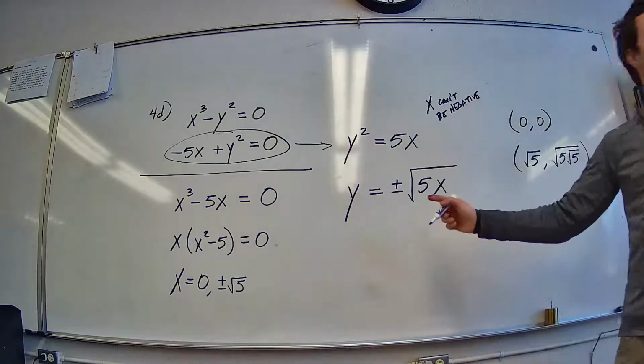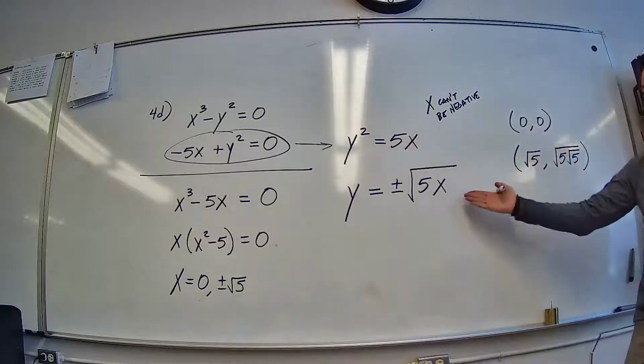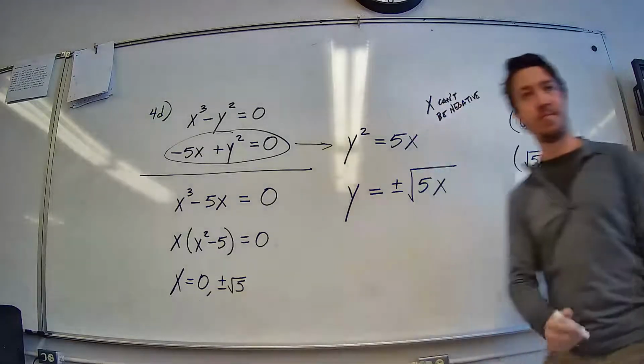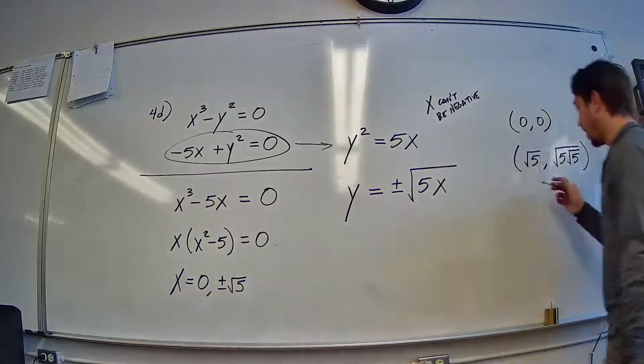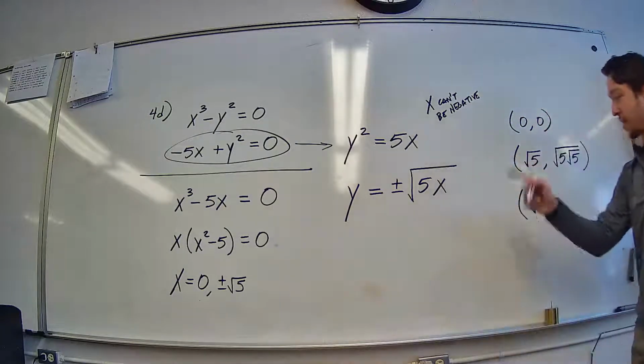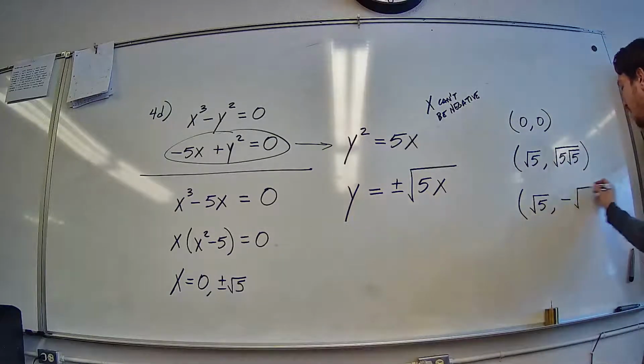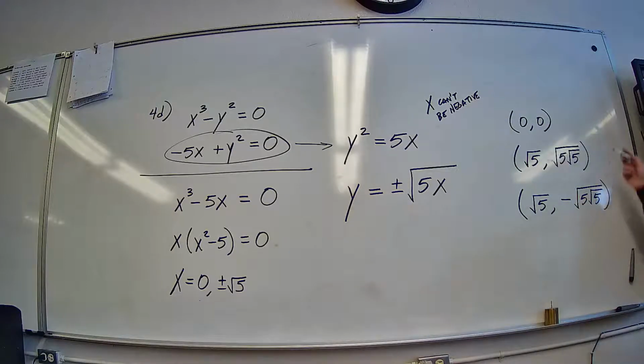It's just a matter of replacing the x with what we know x is. But here's the last step. This says that if x is positive root 5, y can also be the opposite of that. How do you read this? The square root of 5 root 5.